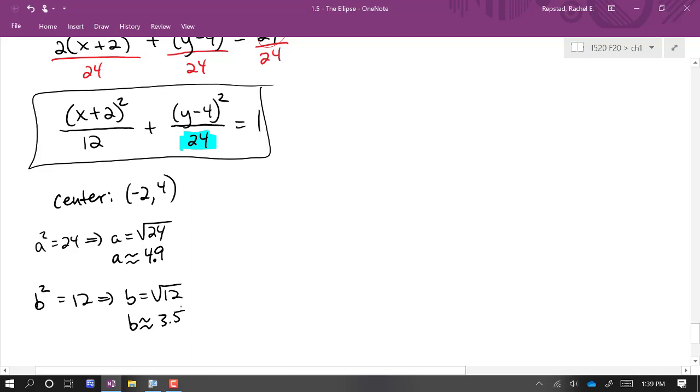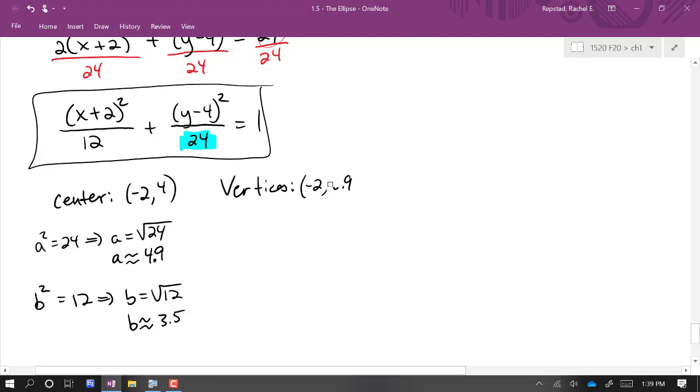Okay, so now, since it's oriented vertically, the vertices, we're going to get by, it's going to have the same x-coordinate as the center, but I'm going to go up and down 4.9 units approximately. So my vertices are negative 2, let's see, about 8.9.